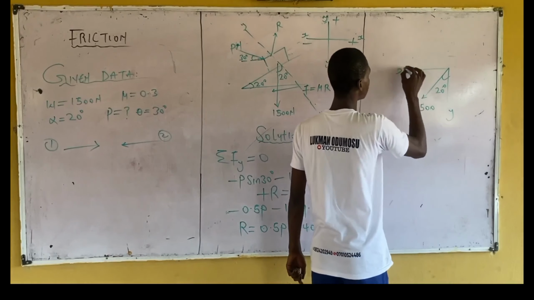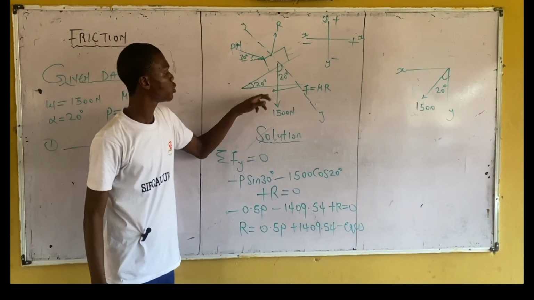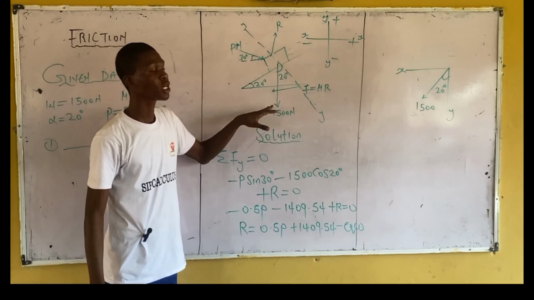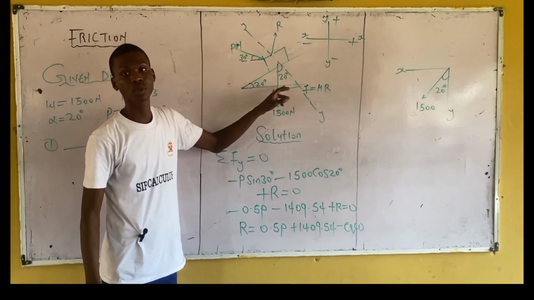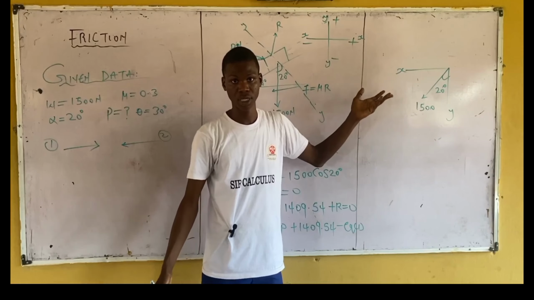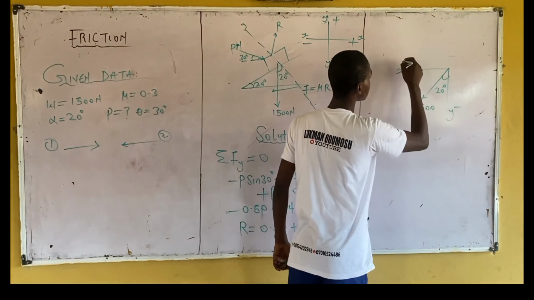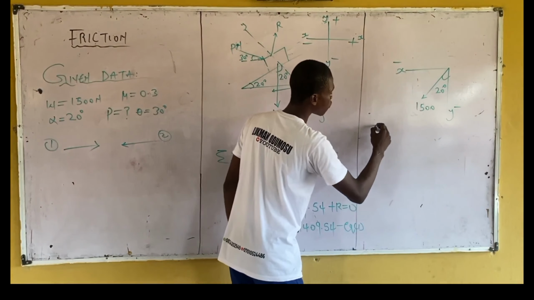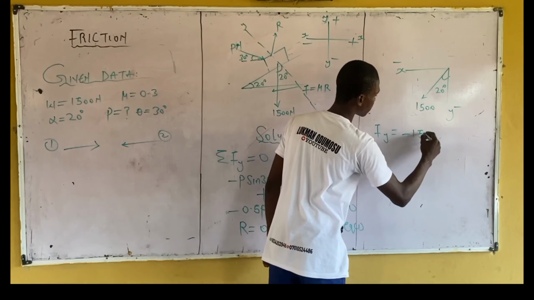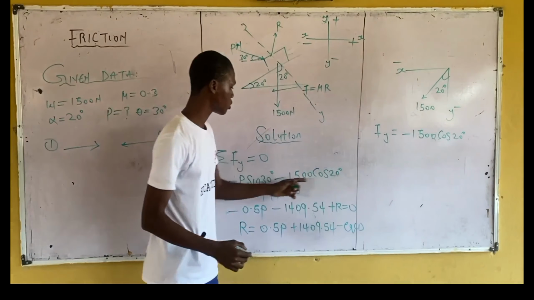This is y, this is x. You can compare the 1500 Newton force inclined to the vertical at 20 degree, and they are the same. So this is negative, this is positive, this is also negative. Then our F of y is negative 1500 cos 20 degree, and that's how you got it here.